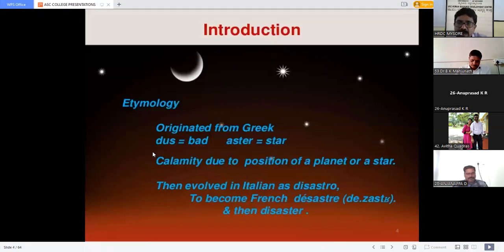Now, for the introduction to disaster, the etymology means the origin of the word disaster, which comes from the Greek. Earlier the scientists called it dus-aster: dus means bad, aster means star, which means a bad star.